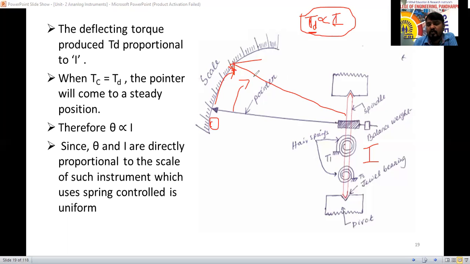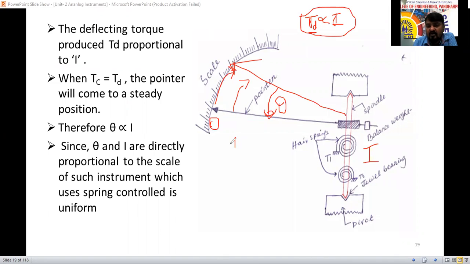In that situation, the pointer should come back to 0 because of the controlling force. It will come to 0 value now. So the direction reverses. Controlling force means because of the spring control only. The deflection is there. How much deflection? Theta. That much movement.